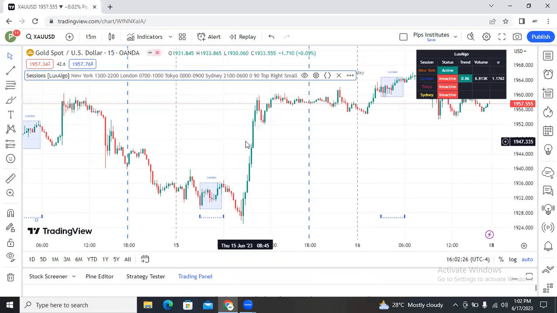Not that it forms every time, but there's a probability that the high of the day is always formed during the London session, and that's around 2 o'clock a.m. to 5 o'clock a.m. New York time, which when you convert it to Nigeria, will be 7 o'clock a.m. to 10 o'clock a.m. Nigerian time. So you want to make use of that.